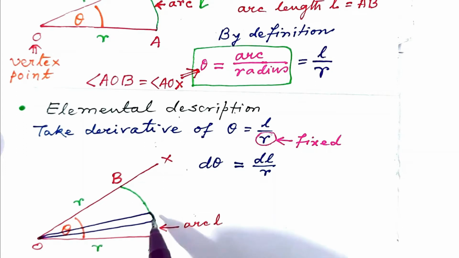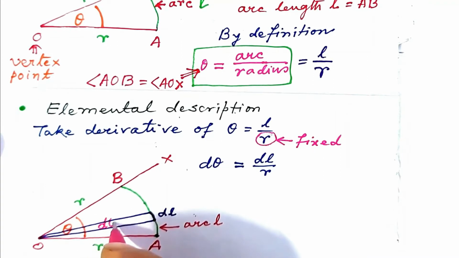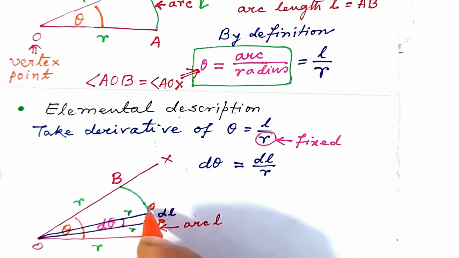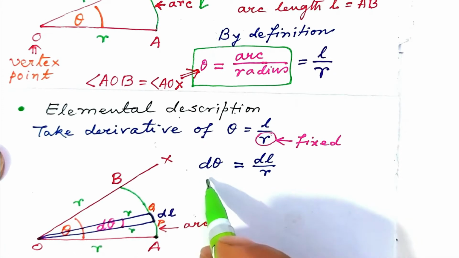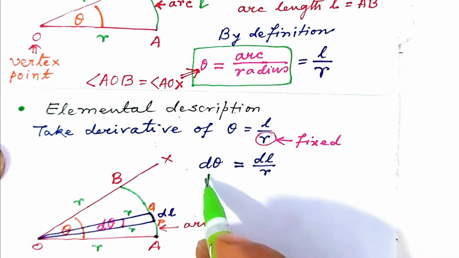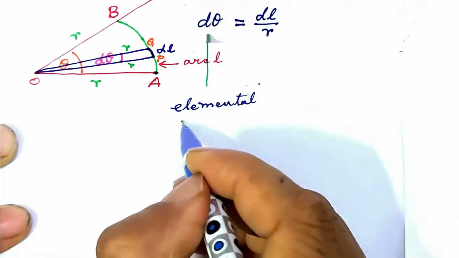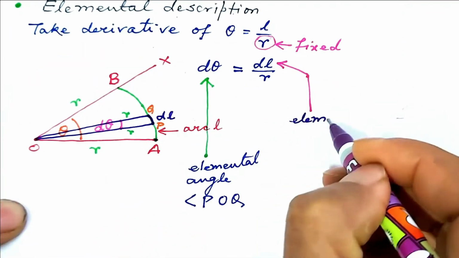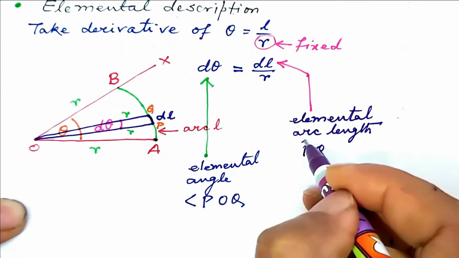Call this infinitesimal arc portion dL that subtends an infinitesimal angle d theta. This length is R. This length is also R. Let us denote the infinitesimal arc as arc PQ. Let us write these down neatly. d theta is the elemental angle POQ. dL is the elemental arc length, arc PQ.